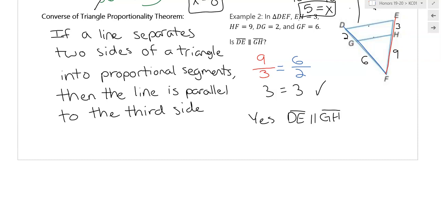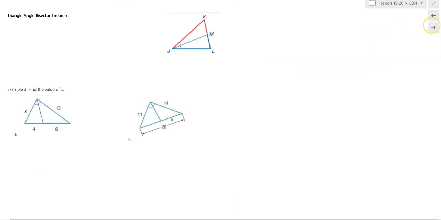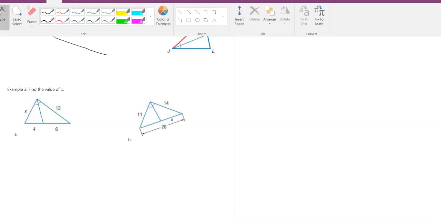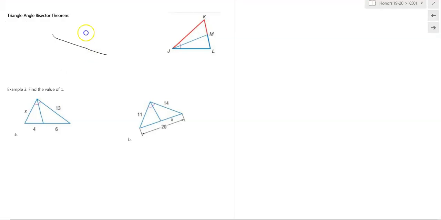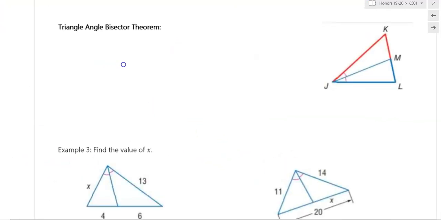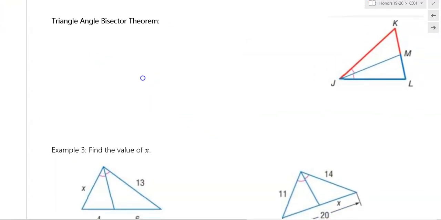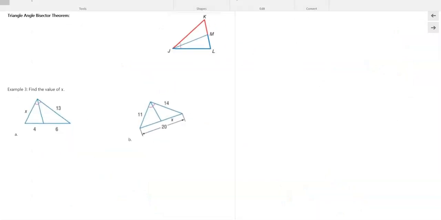All right, go ahead, turn to the next page. We are now looking at our triangle angle bisector theorem.